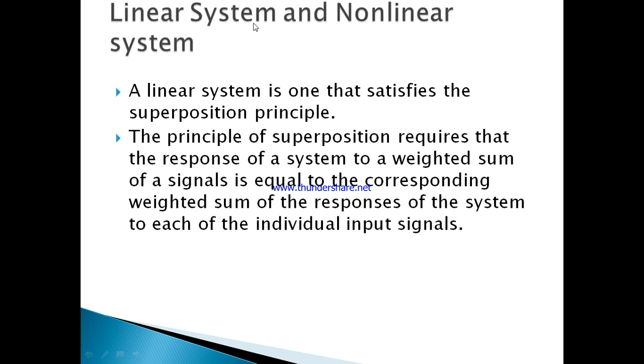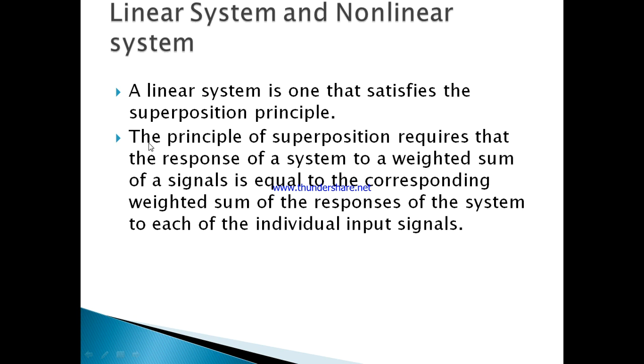And linear systems and non-linear systems. Linear system means if the system satisfies the superposition principle, the system is a linear system. If the system does not satisfy the superposition principle, we call it a non-linear system.